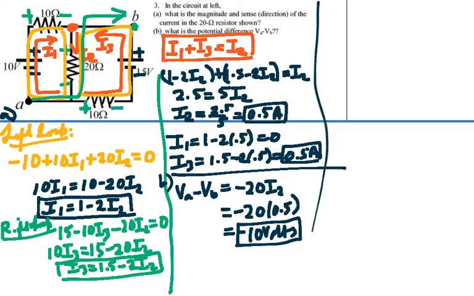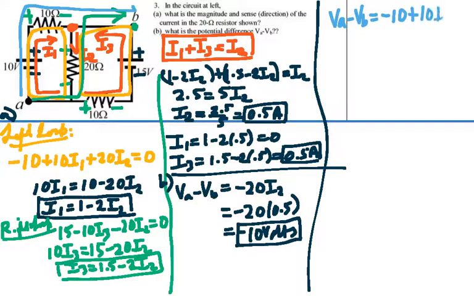Just for a check, we could try a different way. Let's go this way with the blue. And if we did that, then we would say VA minus VB is equal to negative 10 plus 10 I1 would do it. And that's equal to negative 10 plus 10 times 0, which is a negative 10 volts.